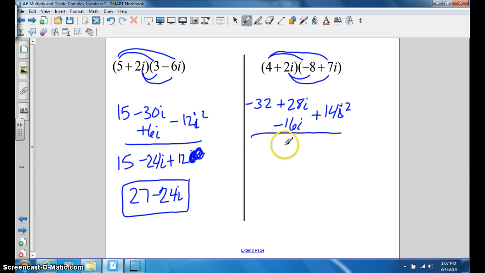So we collect like terms again, and we have -32 plus 12i plus 14i squared. Once again, i squared equals -1, so we just change our signs. So now we have a -32 and a -14, which gets us -46 plus 12i.